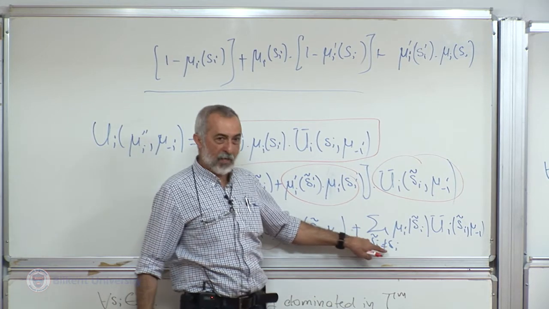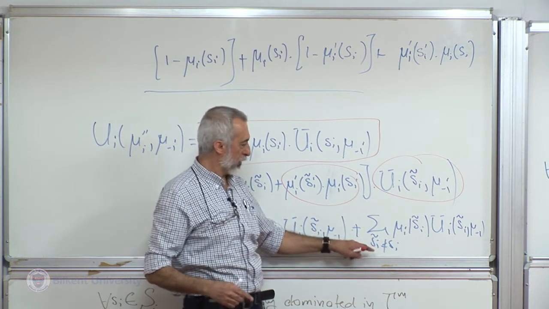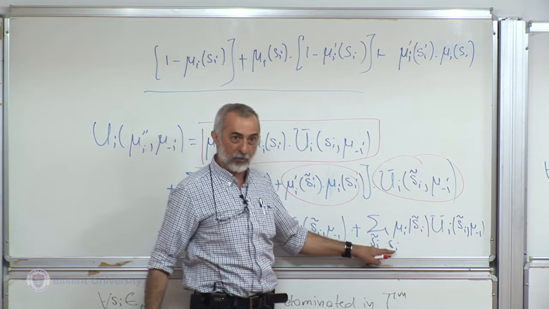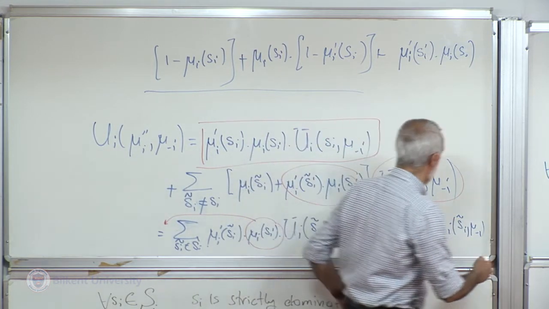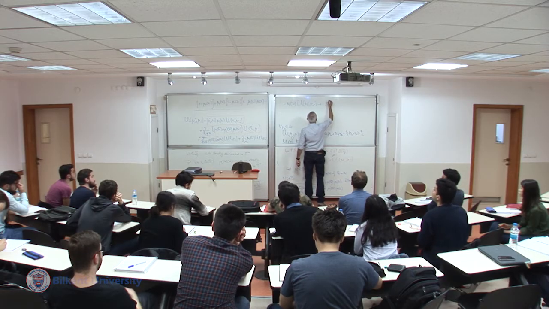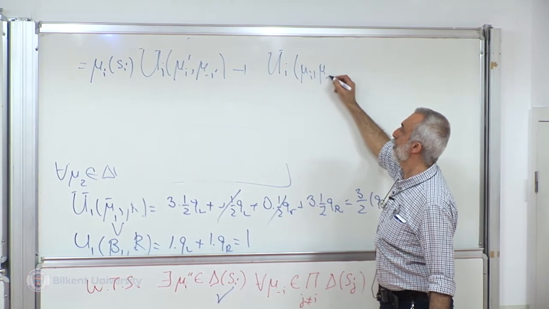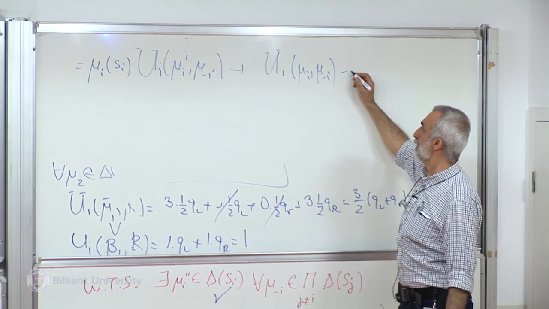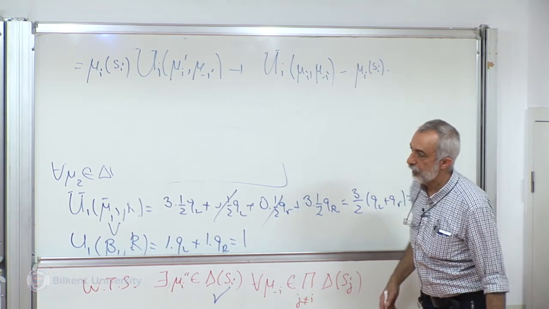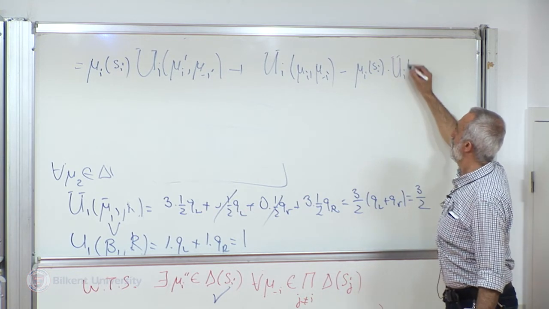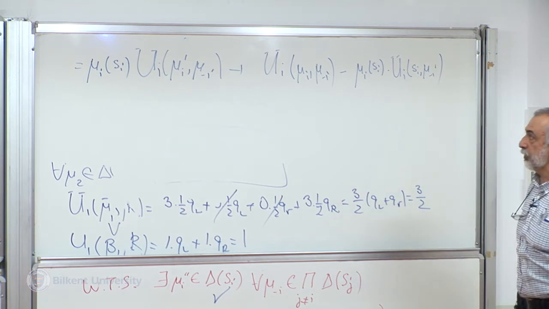Okay, so if we had S_i in here, your friend is saying take the summation over all S_i, then subtract what you have, add it. That's a good approach, what we just did there. So that's the expected utility of agent i when he plays mu_i and the opponents play mu_minus_i. And from that subtract mu_i(S_i) times U_i(S_i, mu_minus_i). Okay? So far so good?